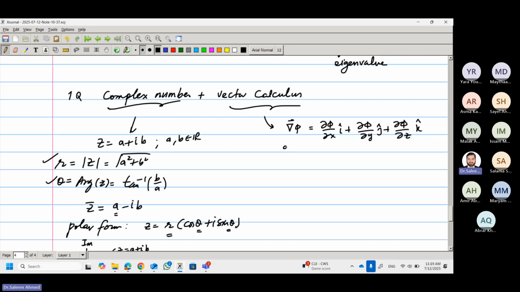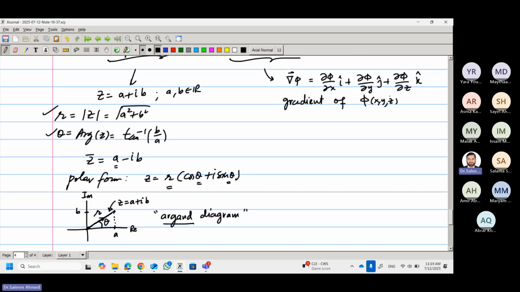This is called the gradient of phi. Phi is a function of x, y, z, and you can find the gradient by just taking the three partial derivatives. This is a scalar function; there is no ijk in phi. It is a scalar function, okay?